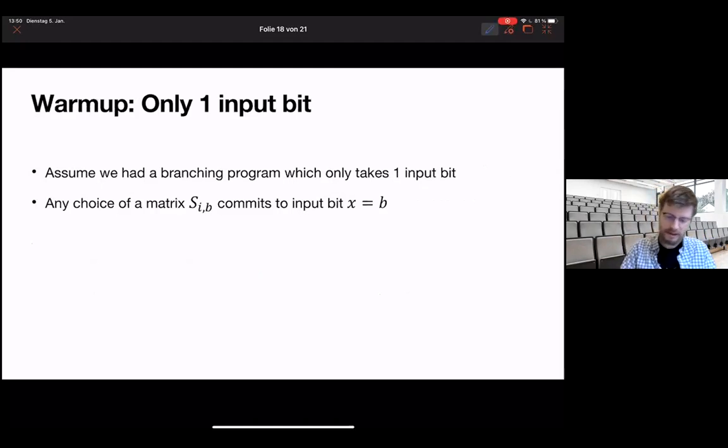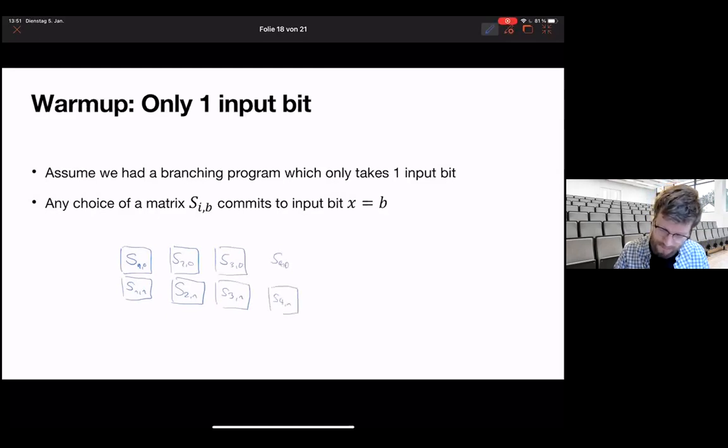Now the idea is as follows. Let's say we had a branching program S10, S11, S20, S21, S30, S31, S40, S41. For now my indices i are 1, 2, 3, 4.